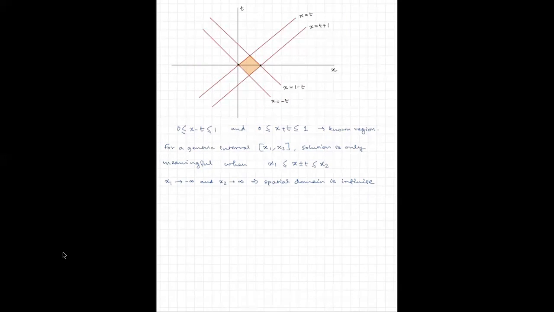The rectangle covers the entire xt plane, and the solution is determined everywhere.